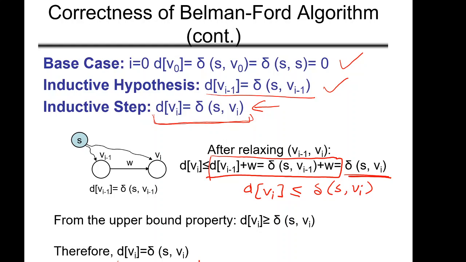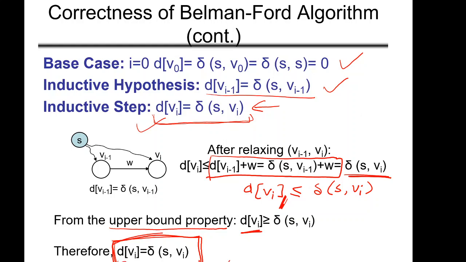But we also know that the upper bound property says that d of v will never become less than the shortest path weight from S to Vi, because relaxation always decreases the estimated cost; it will never increase it. So to follow these two inequalities, it is only possible if d of Vi is equal to this, and we have proved this.